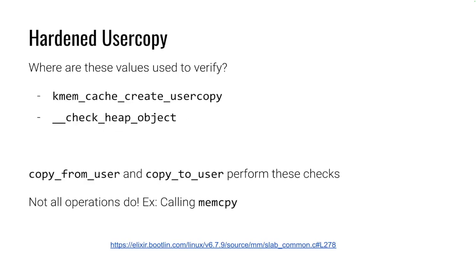Memcpy just says, here's where I start, here's how far I go, copy, go, brrr, right? And so an attacker would be very interested in finding locations in the kernel that copy from userland to the kernel or from kernel to userland via other methods than these two. And these certainly do exist.